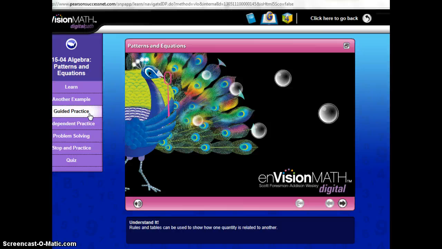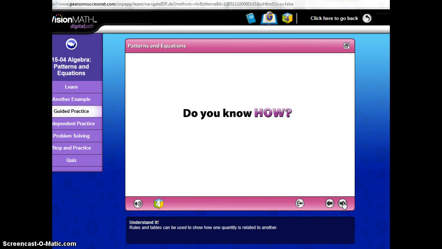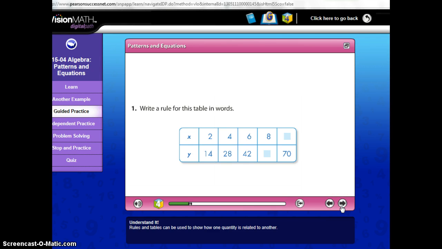You have to create an expression. We'll do more practice, don't worry. So we have an x and a y. So we want to figure out how to get to the y. So we're going to start with this. To get to the y, what do we do to the x? Brendan, to get to the y, what did we do to the x?